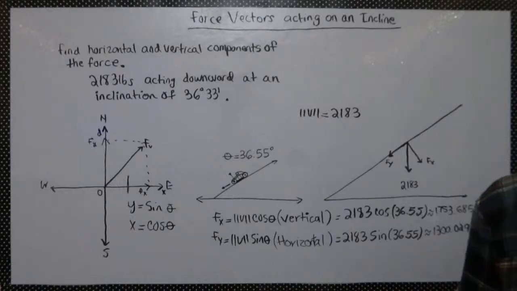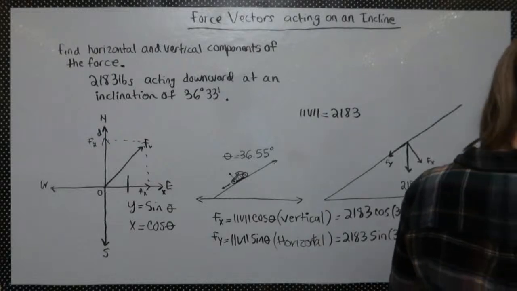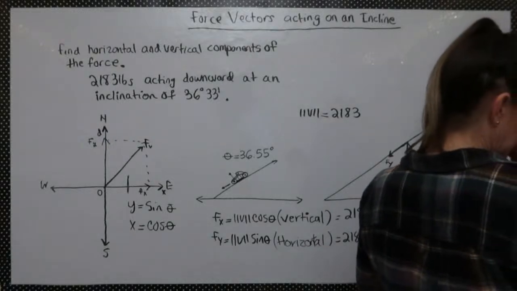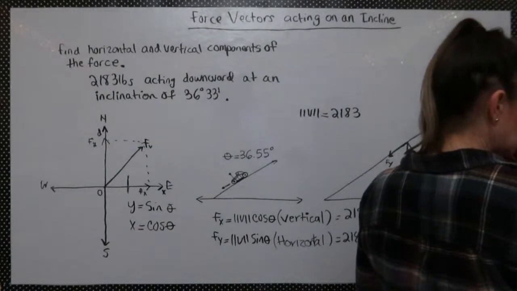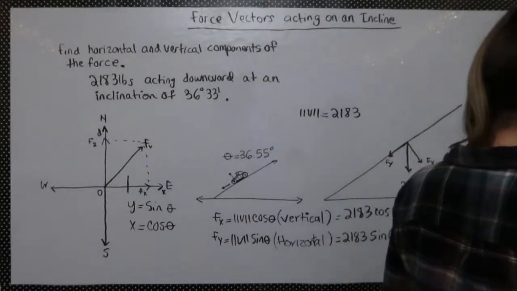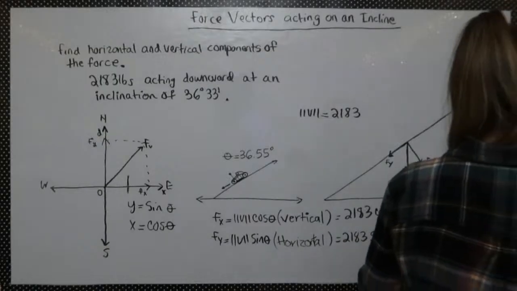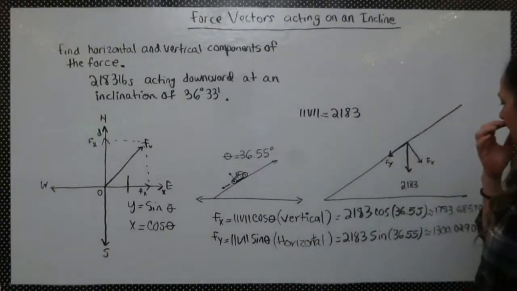Okay, it says that it's 1,300.03 pounds parallel to the incline, and 1,753.69 pounds perpendicular to the incline. All right, so we've got it correct.